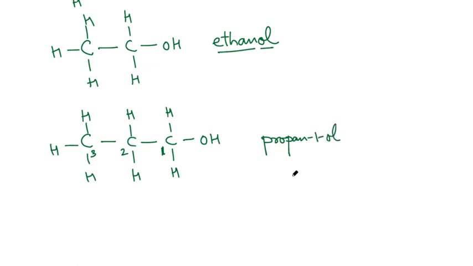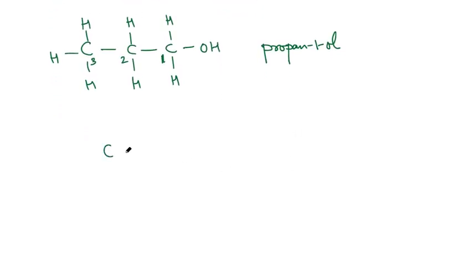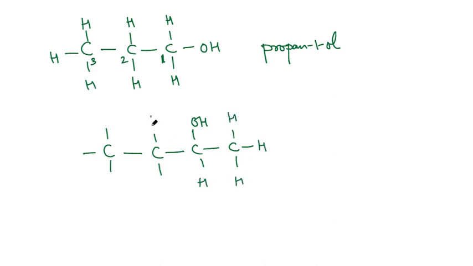OL, propane-1-ol. If it is a 4 carbon chain and OH is added to some other carbon atom, not at the end. Now name the compound, please. In this case, OH is not bonded to carbon number 1. OH is bonded to carbon number 2. You can see here, if I number the carbon atom from this side, 1, 2, 3, 4.